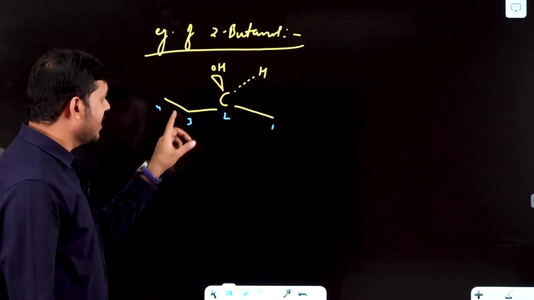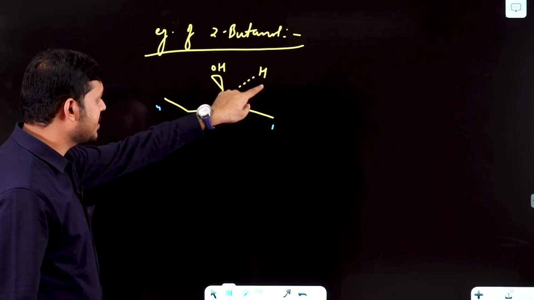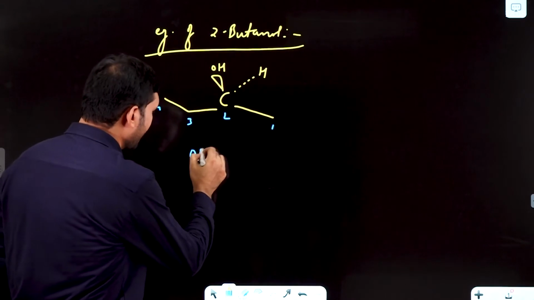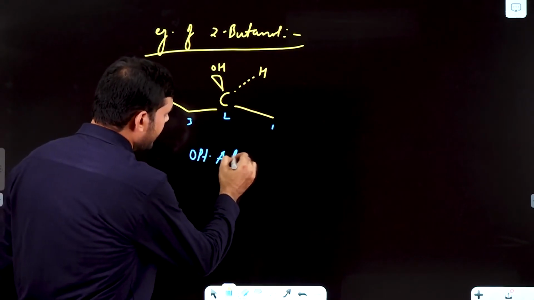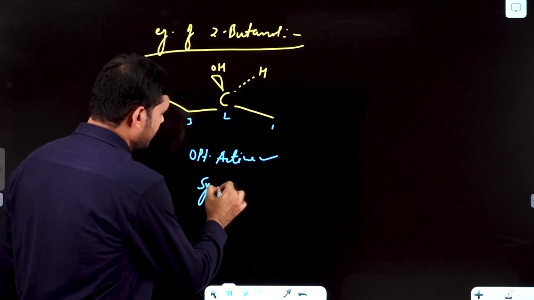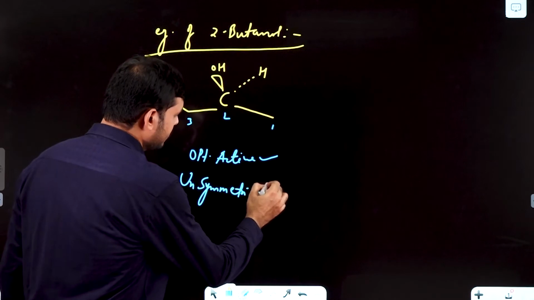You can see here that in this compound this carbon is attached with 4 different groups: OH, H, methyl and ethyl. So it is an optically active compound. Optically active, right? It is unsymmetrical.